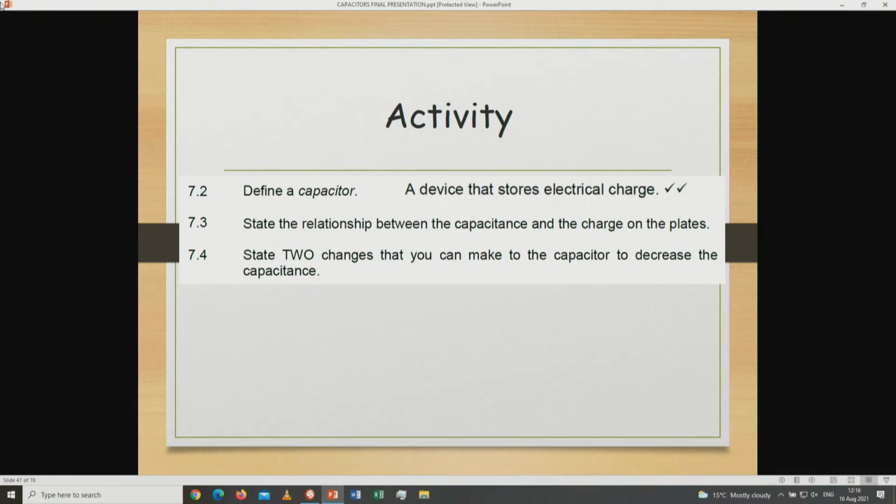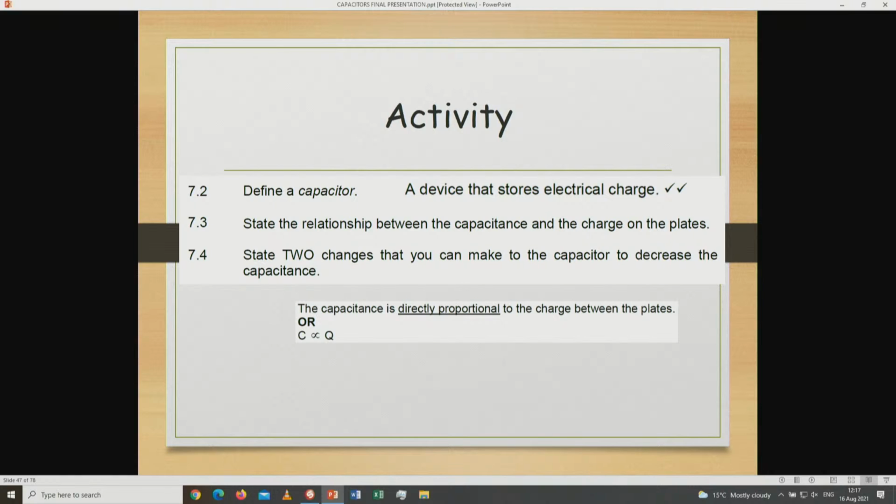The capacitance is directly proportional to the charge on the plates, or we can indicate that as C is directly proportional to Q. That is the relationship between the two.